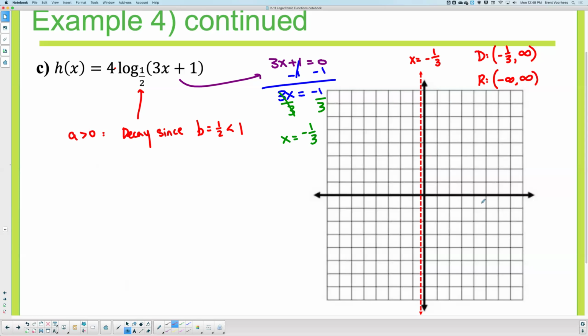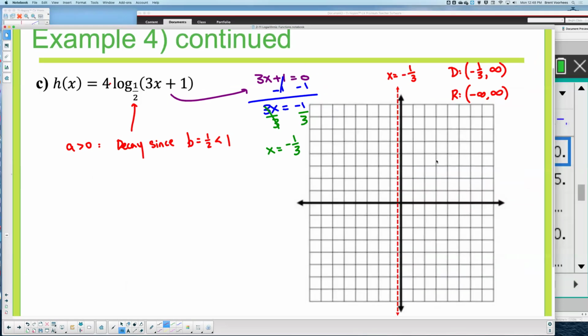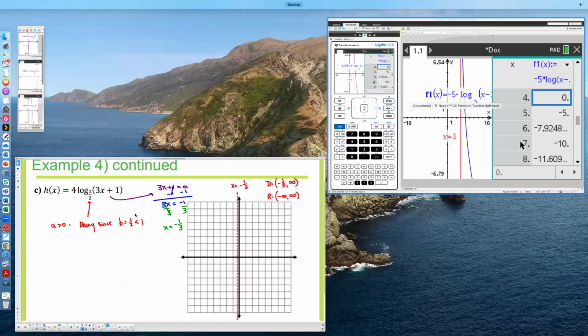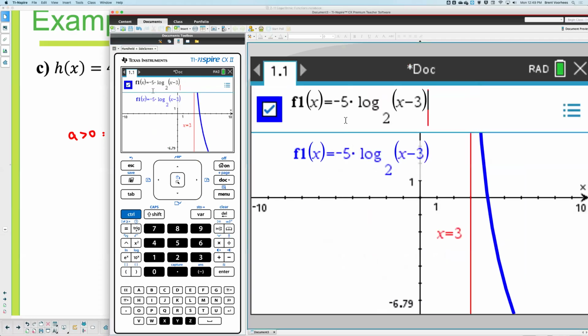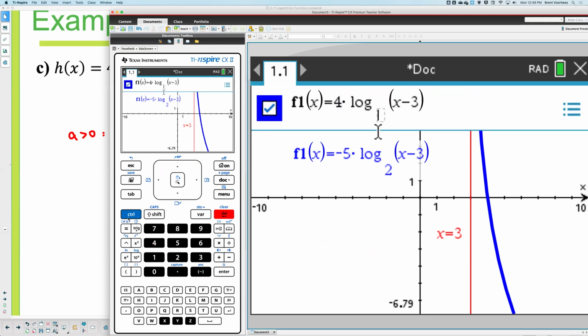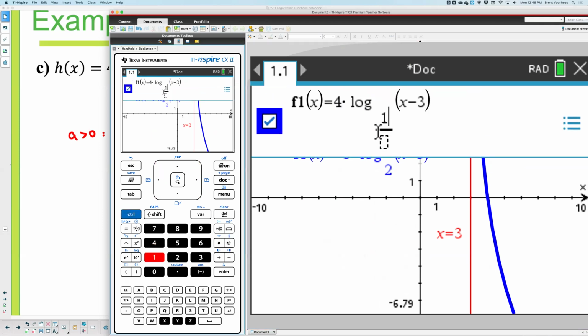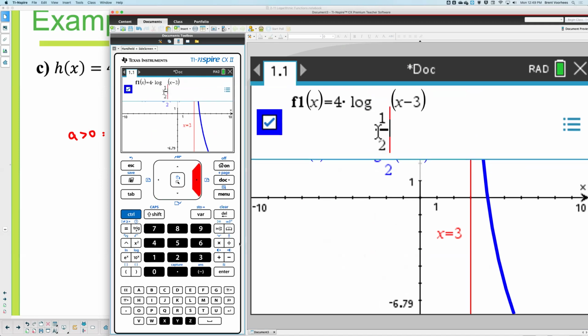Okay, so now let's graph this and we'll get the exact points. Come to your calculator. This equation, what number was my A? 4. The base was 1/2. And it was 3x plus 1.